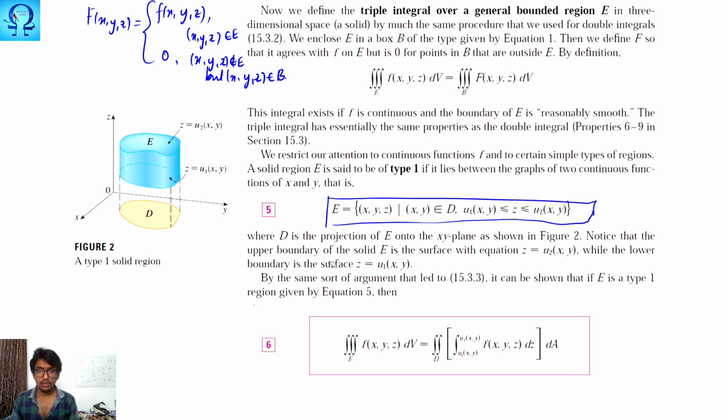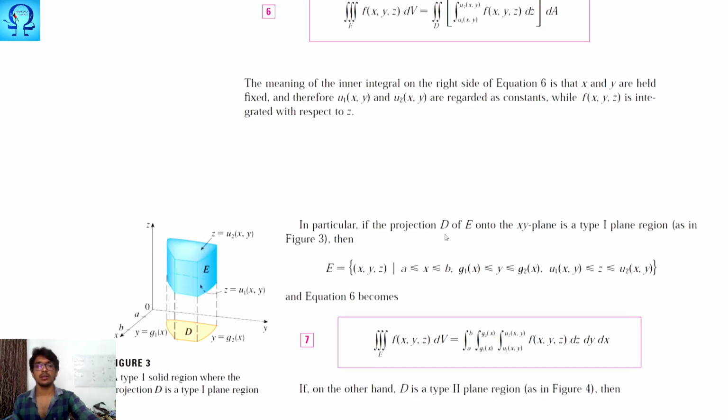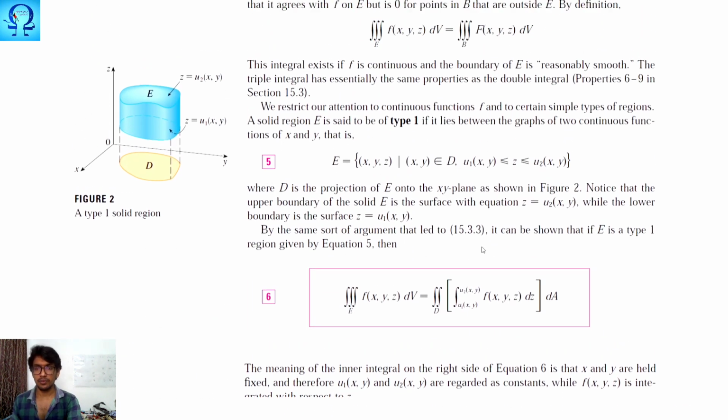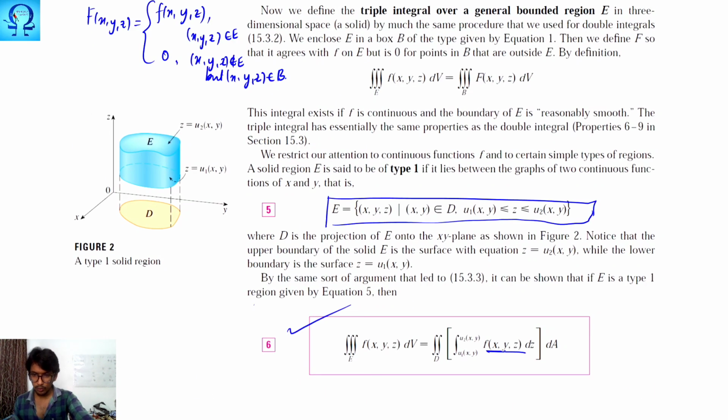So your triple integral would become, in this case, something in equation 6. First, we will integrate with respect to z. When integrating with respect to z, we will treat x and y as constants.